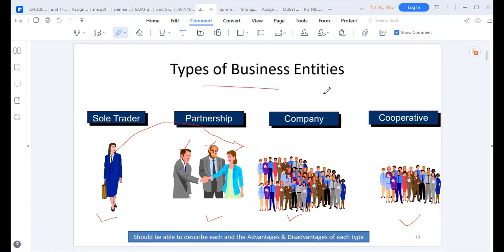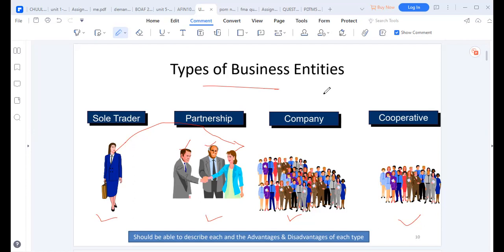In a private company, you sell the shares secretly, meaning you can choose who can buy. In a public company, these shares are traded on a stock exchange, like the Lusaka Stock Exchange, meaning even competitors can buy.